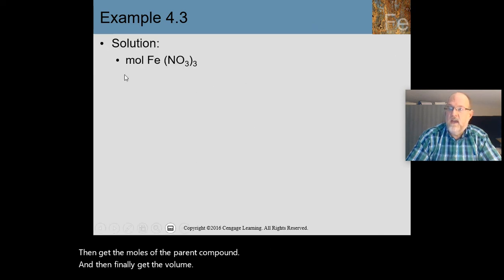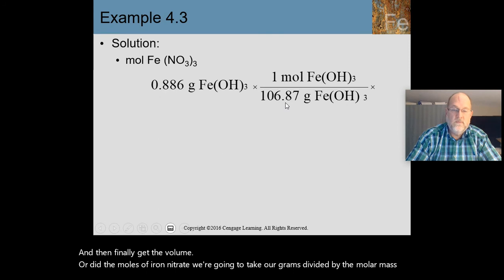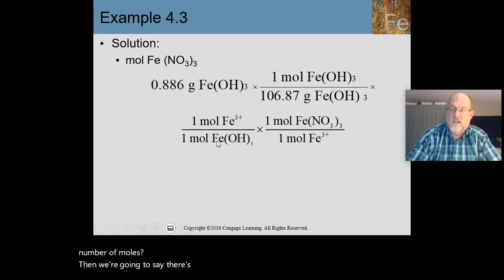In order to get the moles of iron nitrate, we take our grams divided by the molar mass to get the number of moles. Then there's one iron in an iron hydroxide, and there's one iron in an iron nitrate. So how many iron nitrates do we need?